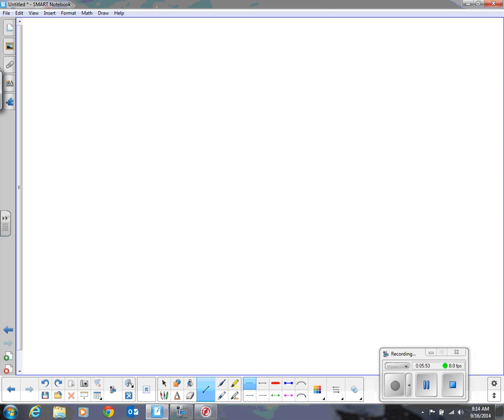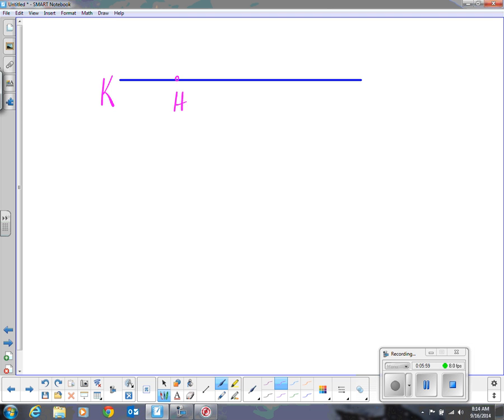all right. So we've got a segment. This is K, this is H, this is L. Nowhere in the directions, oh yes it does. What the directions say what, Madison? Okay, it says H is the midpoint of KL, meaning this is congruent to this. Did I draw my picture to scale? Will I draw my picture to scale?